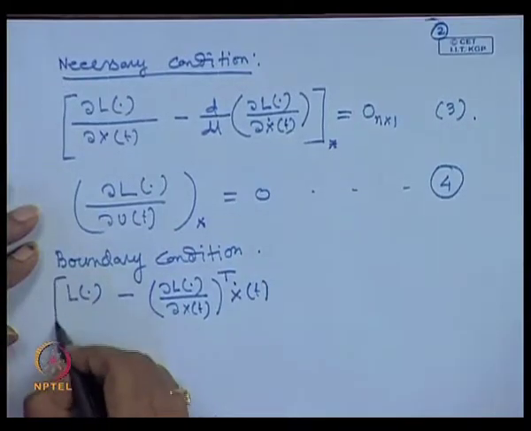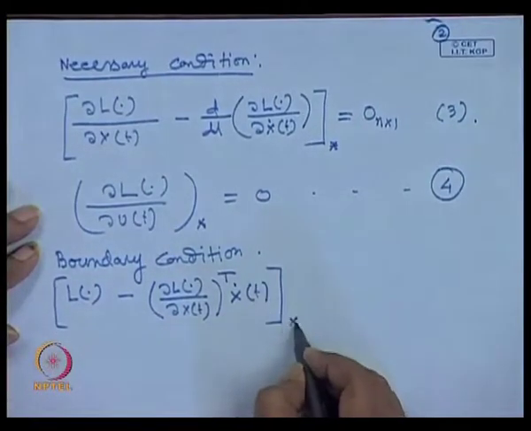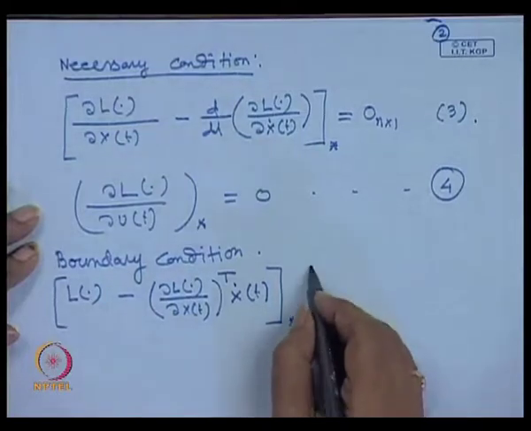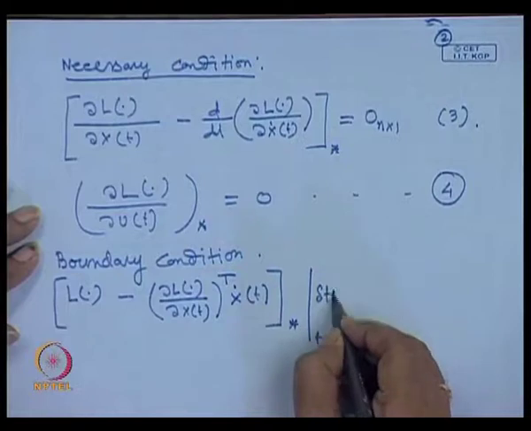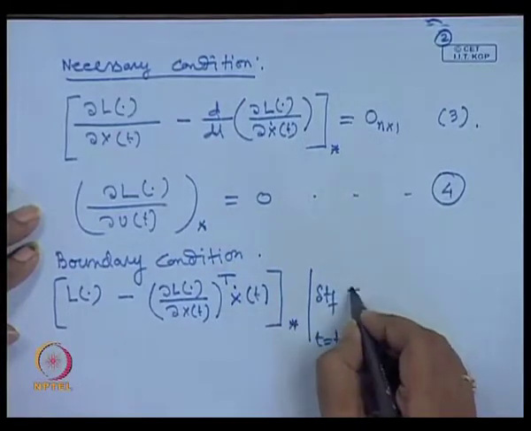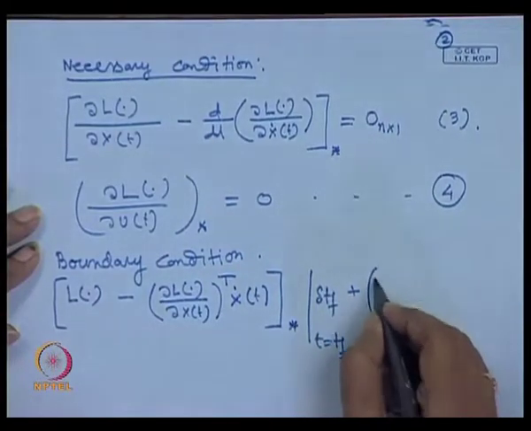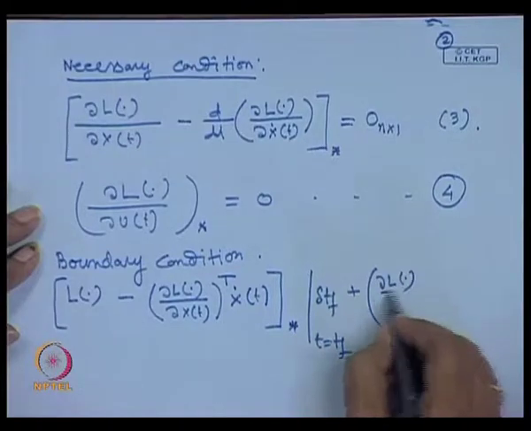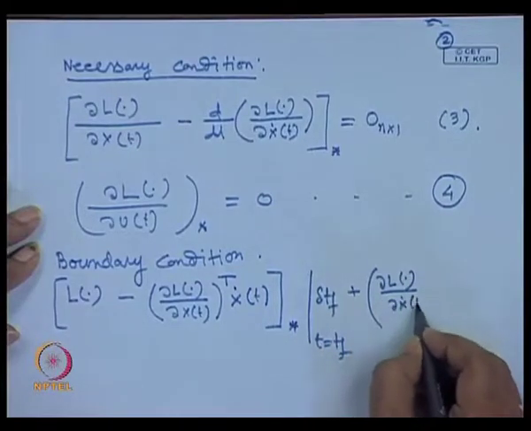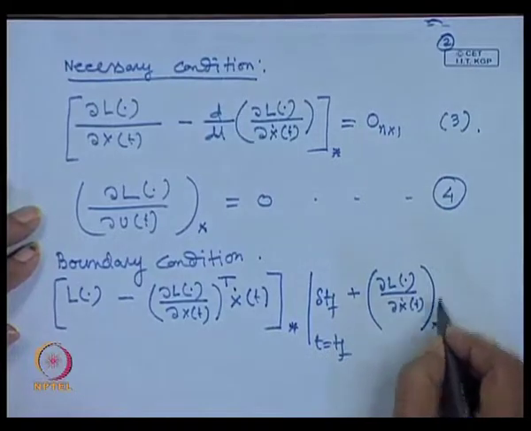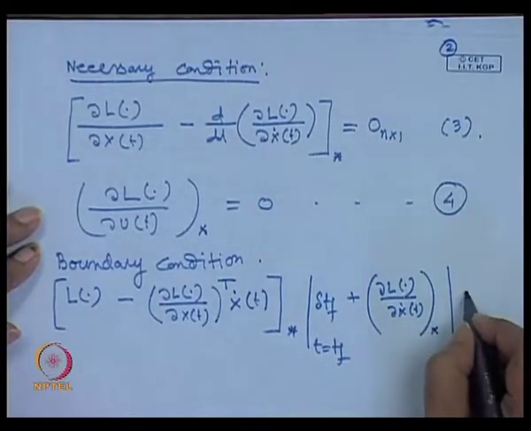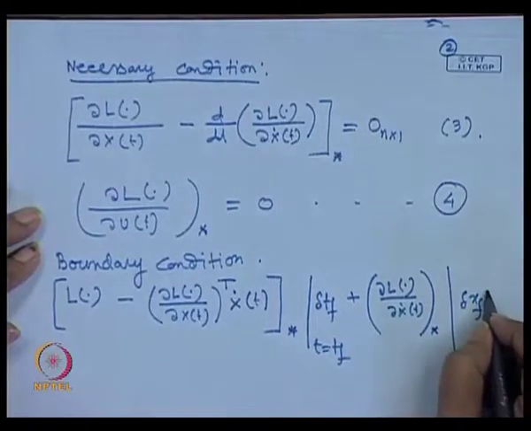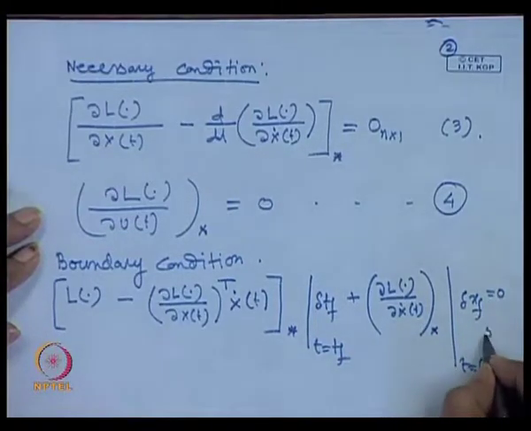So, this along the star trajectory at t is equal to T f, plus del L del x dot of t whole star at t is equal to T f, delta x f is equal to 0. This is the boundary condition we got. Let us call this equation 5.